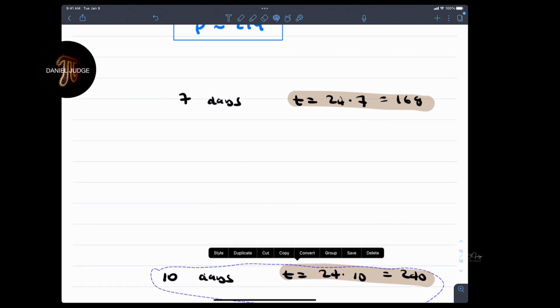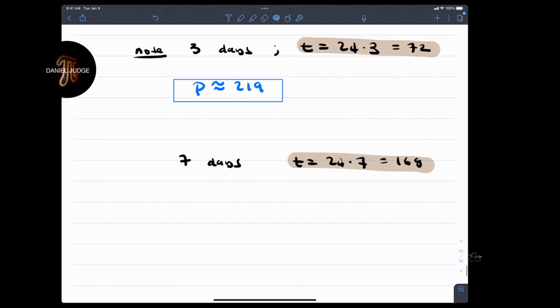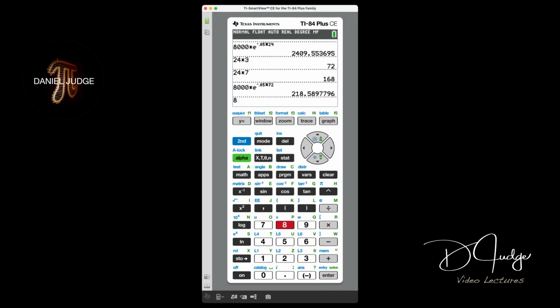So in honor of Thanksgiving, let's see, how do we feel after 7 days? What would 7 days look like? Well, you started at 8,000, got you so sick, negative 0.05 times 7 days, which was 168 hours here. So after a week, this is why they tell you, hey, take this stuff for a week.